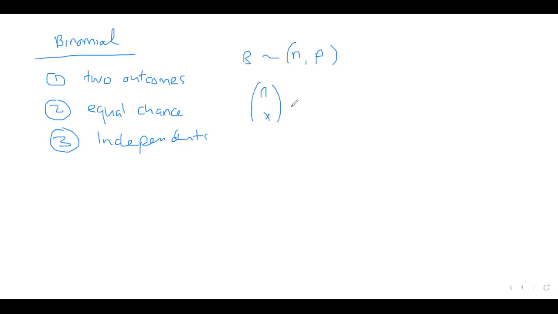We multiply, compute it as follows. Okay, and x and p to the power x, q to the power n minus x.